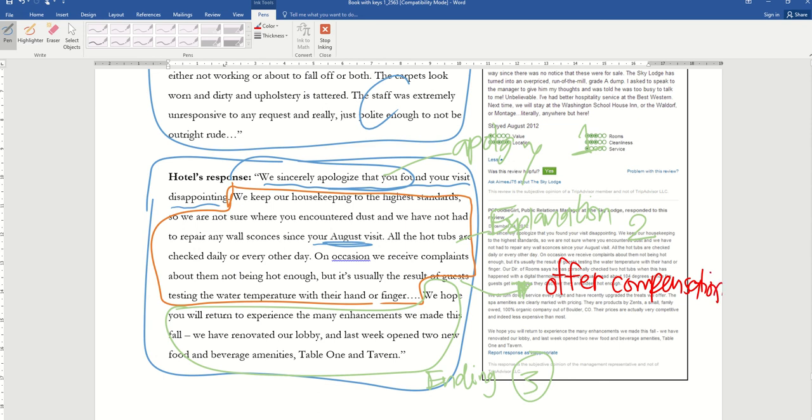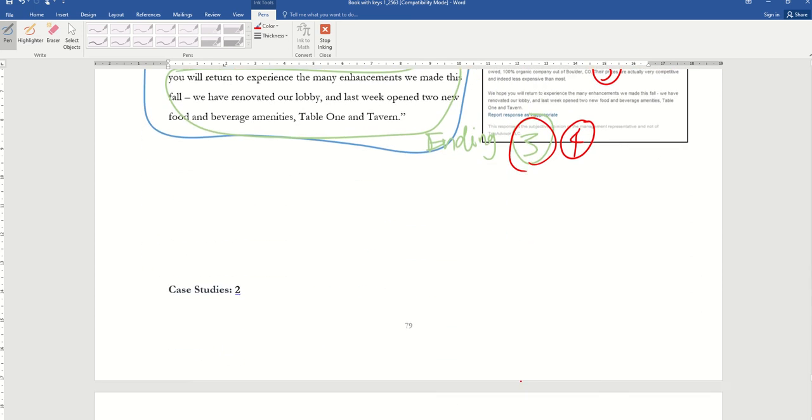So you can see it can be 1, 2, 3, or it can be 1, 2, 3, and 4. Okay, this is an example, sample number 1.